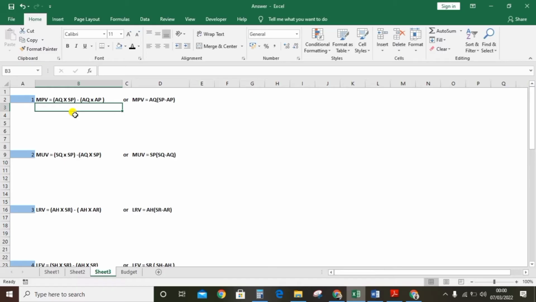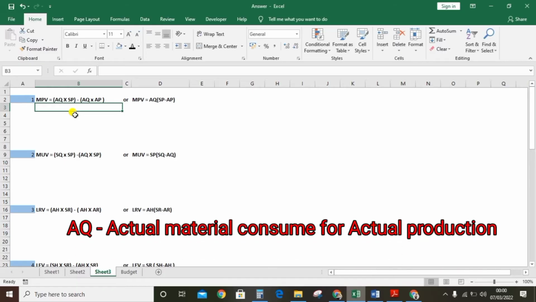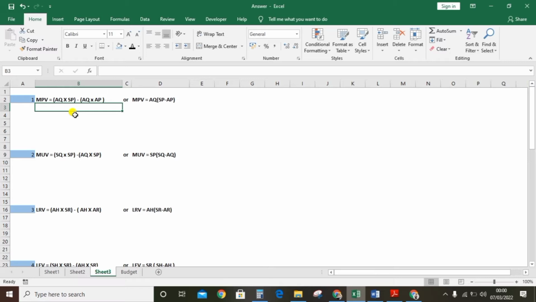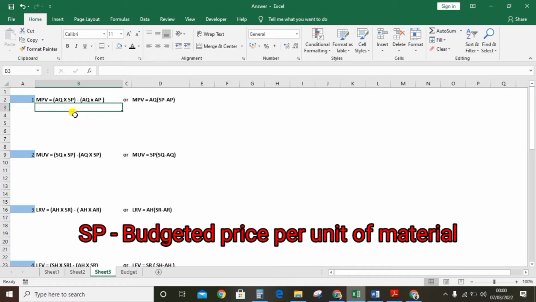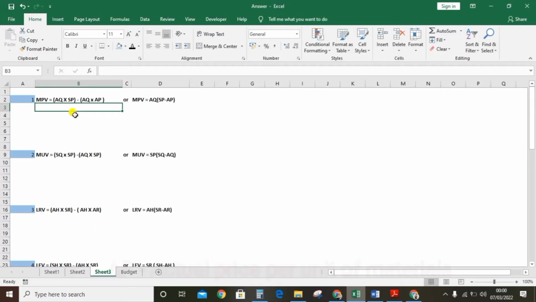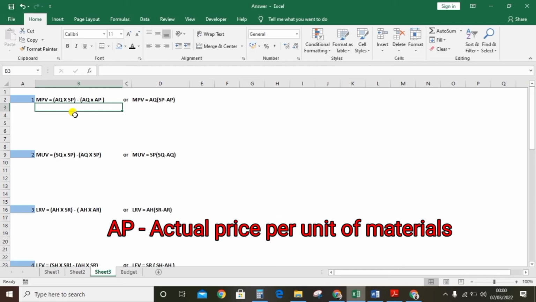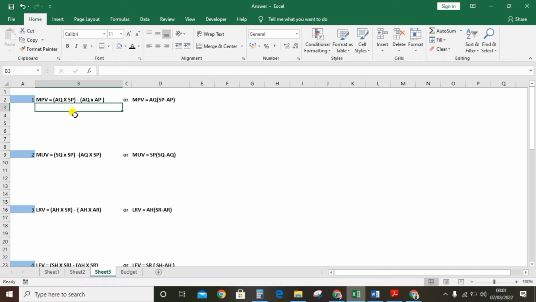What is the meaning of AQ? Actual quantity, meaning the material used or consumed for actual production. SP means standard price per unit of material, and AP means actual price per unit of material. So let's calculate.